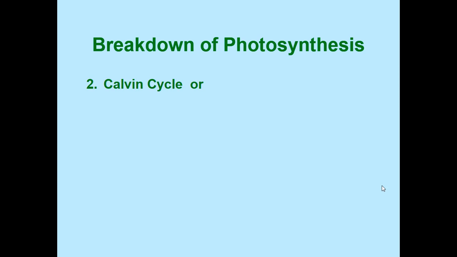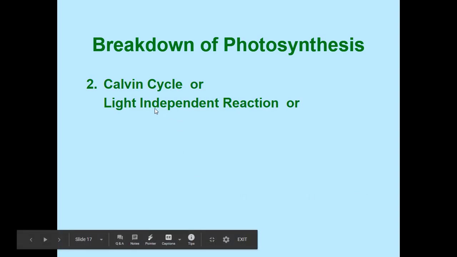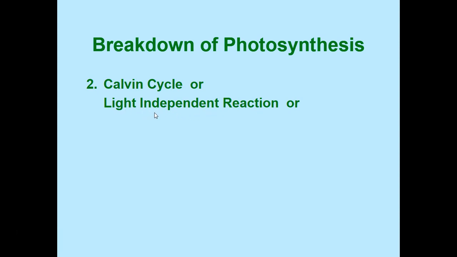Our second part, or second reaction that happens in photosynthesis, is called the Calvin cycle, also known as the light-independent reaction. So same, if we look at light-independent reaction, this reaction is independent from light, meaning that this reaction does not require light to happen, okay?